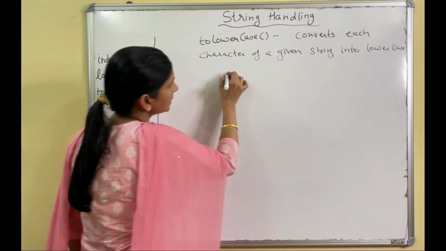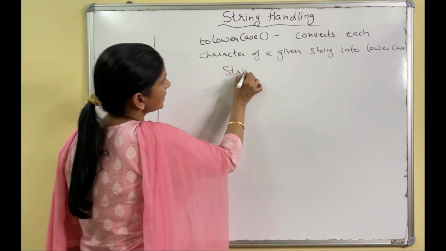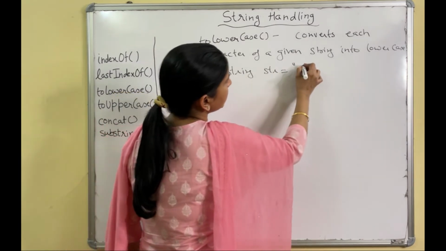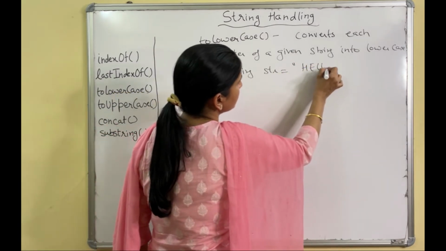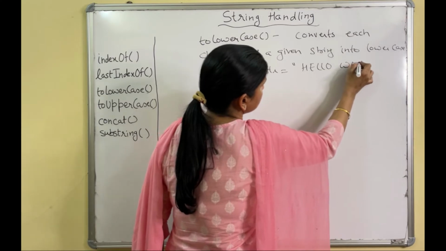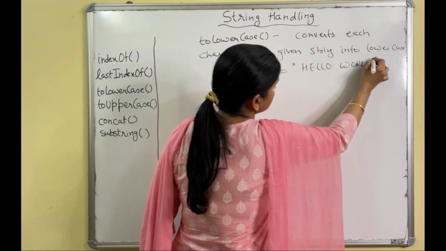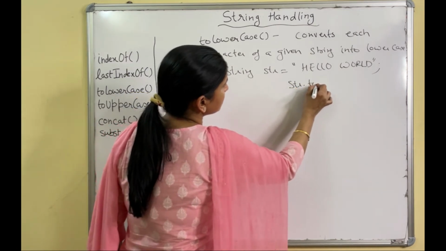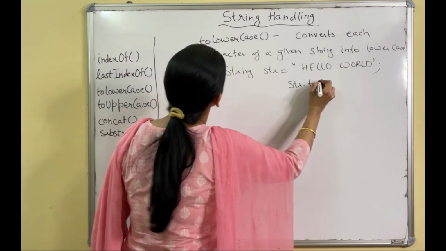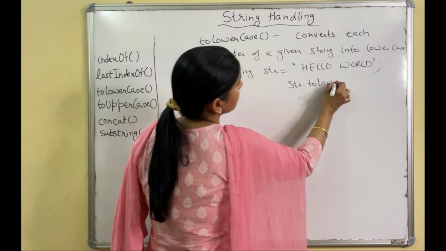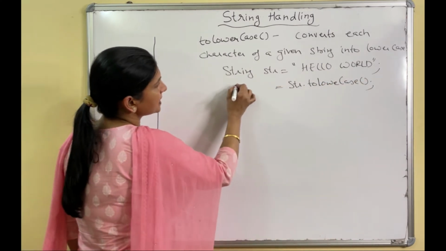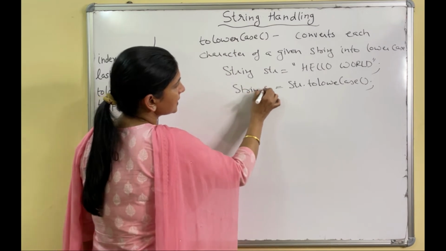For example, if I give a string str, and the string I am taking is in uppercase, HELLO WORLD, and I write str dot toLowerCase, and I am assigning it to another string s1.